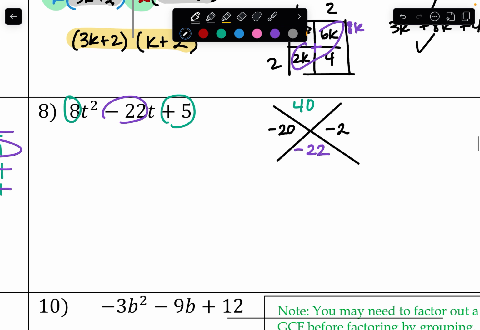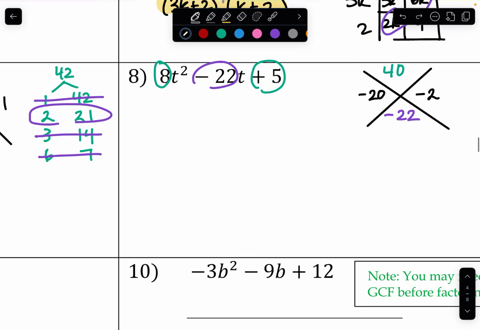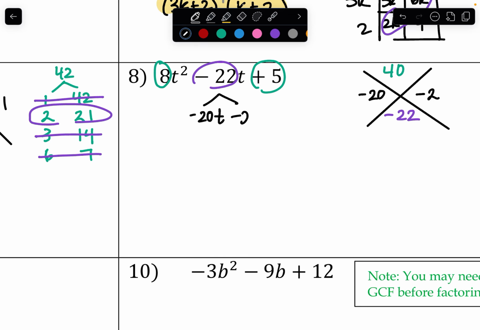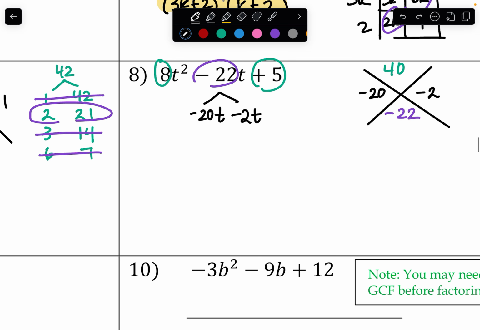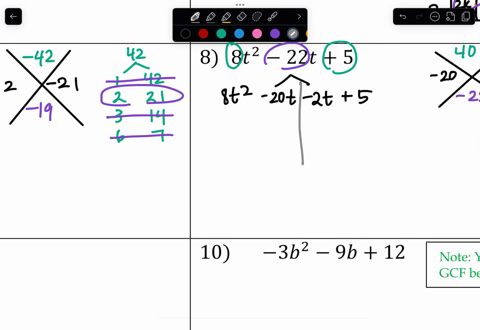That way they still multiply to positive, but add to that negative 22. So splitting our middle, either order, negative 20t minus 2t. Make sure you do your t's kind of with a loop so they don't look like plus signs. Plus 5, 8t squared. Okay, factoring 2 at a time.